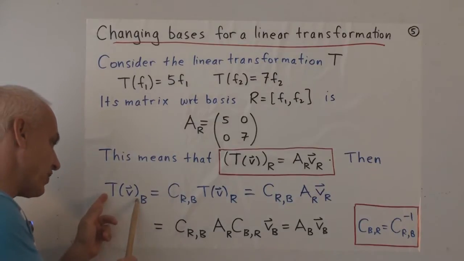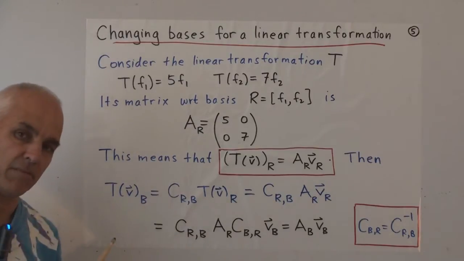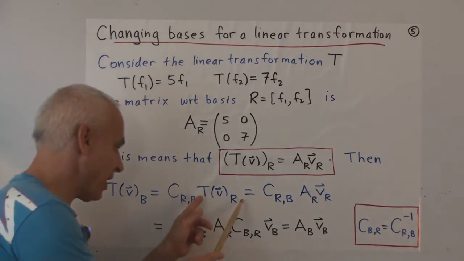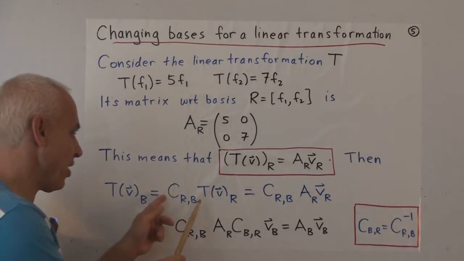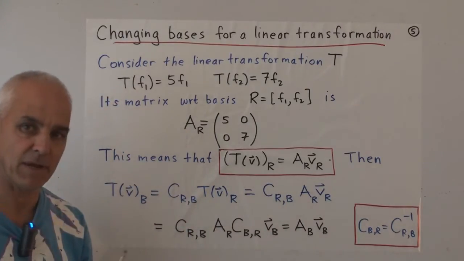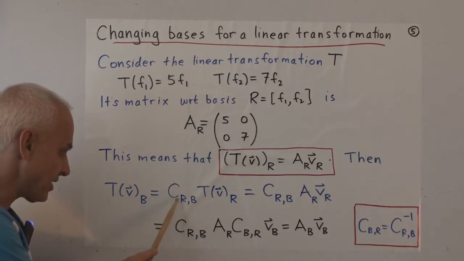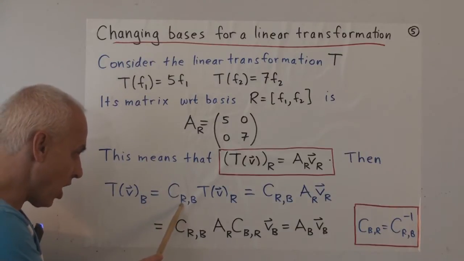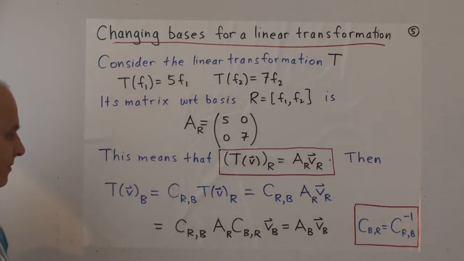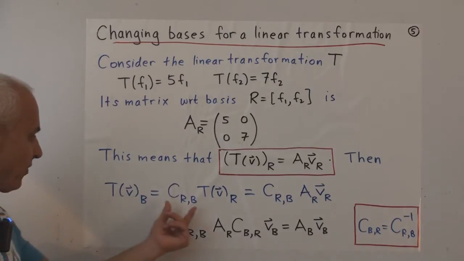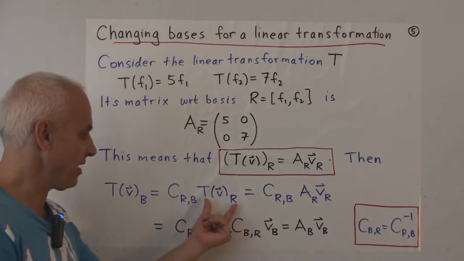To get the coordinate vector of the image under Bob's system, we need to multiply Rachel's vector by our change of basis matrix. And it's the change of basis matrix C_RB. So that's [T(V)]_B equals C_RB times [T(V)]_R.